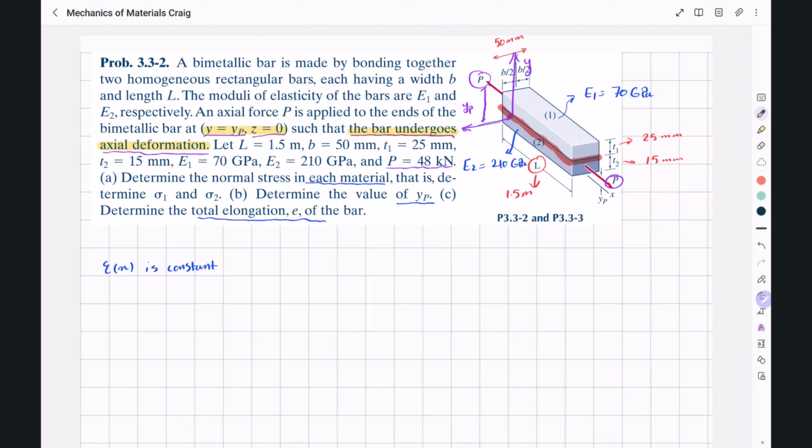Also, since the bar is prismatic, meaning that the cross section of the bar is constant, and load P is only applied at its ends, we can say epsilon x is equal to an epsilon which is constant for the entire bar. So this is just an assumption.